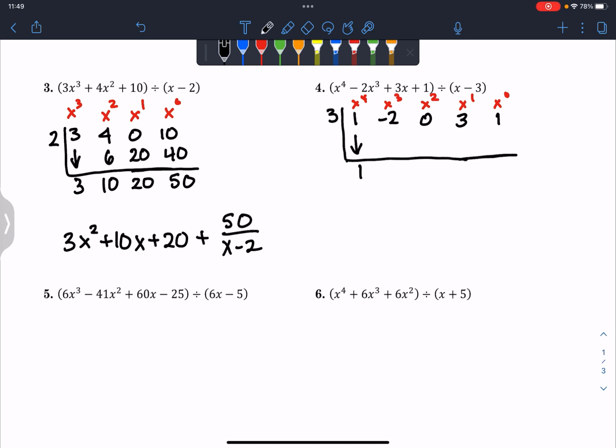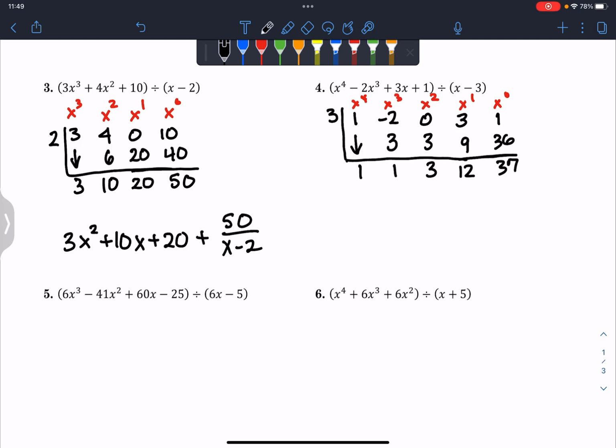Now multiplying 1 times 3 and adding, that adds up to 3. 3 times 3 is 9, which adds up to 12. And 12 times 3 is 36, plus 1 more is 37.